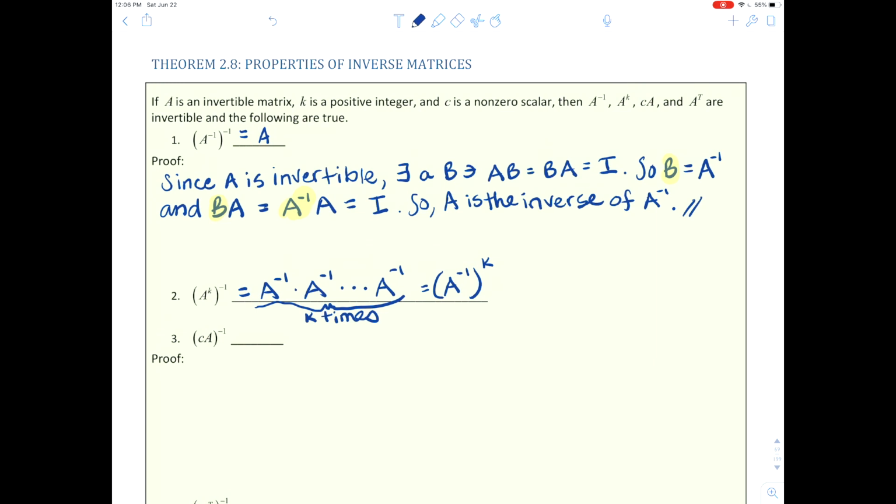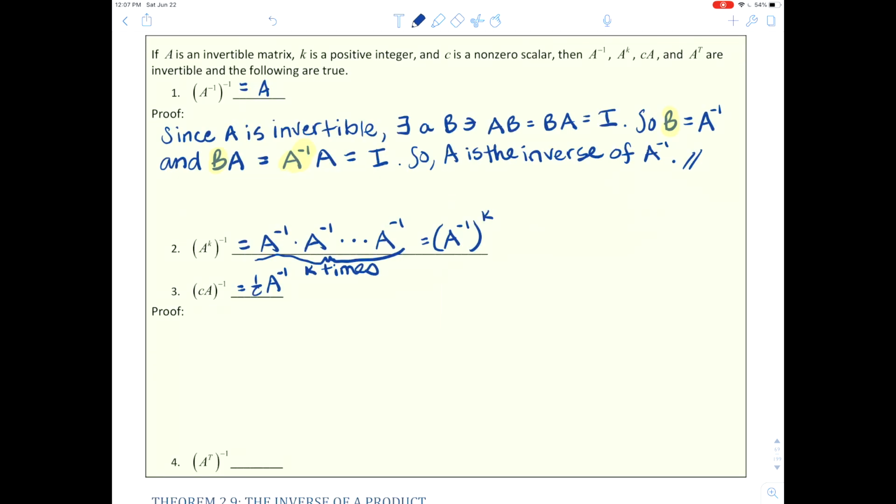And this third one, the quantity C times A, where C is a scalar, that quantity inverse is equal to 1 over C times A inverse. Groovy? To show that these two are equal, let's take a look at what happens when we multiply the quantity C times A by the quantity 1 over C times A inverse.